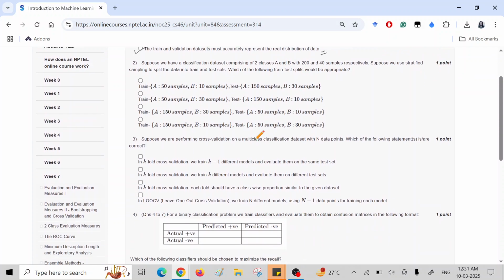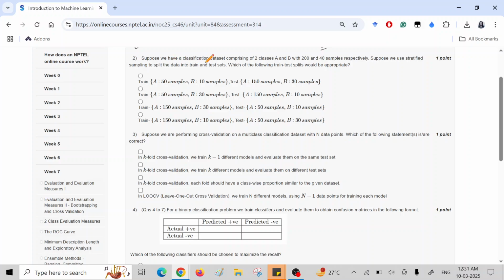Then the second question: suppose we have a classification data set comprising of two classes A and B with 240 samples respectively. Okay, so if I take the ratio of the data set A and B, it is 5:1.